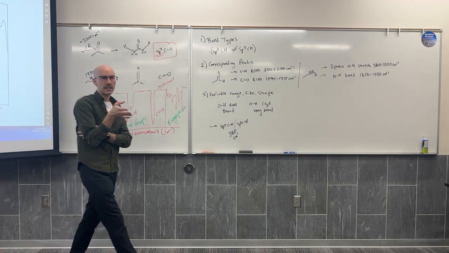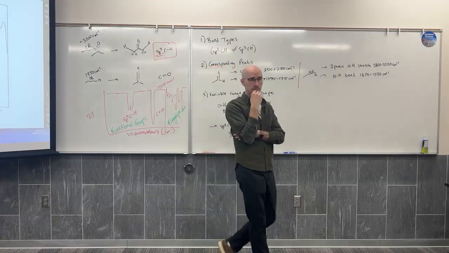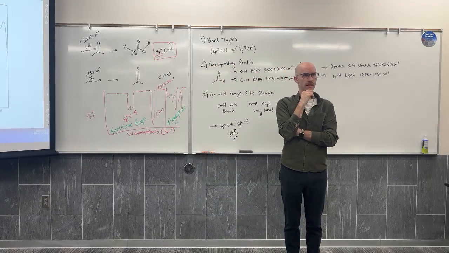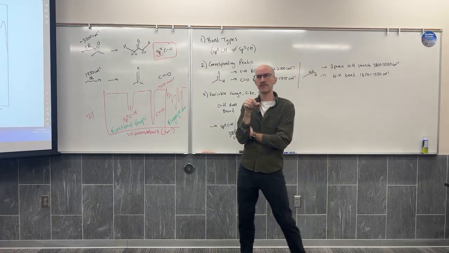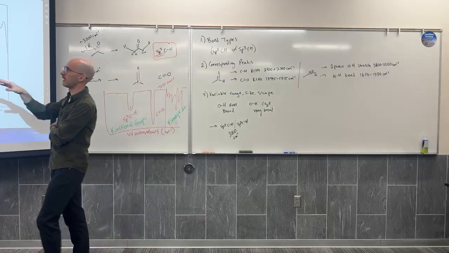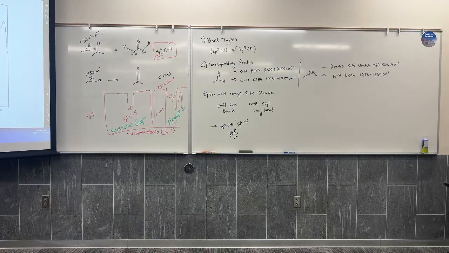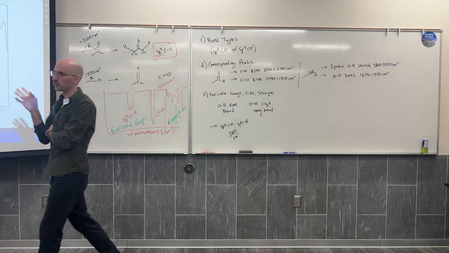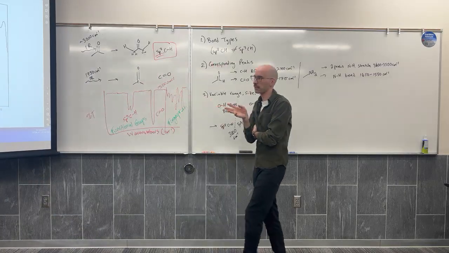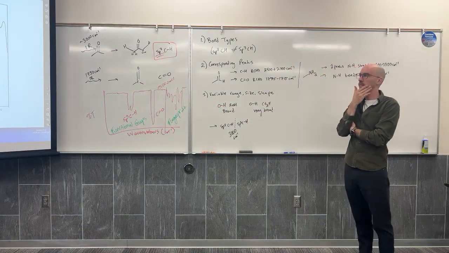So maybe an alkene, maybe an aromatic ring. Hard to say. Aromatic rings have some overtones as well, and those typically absorb here, but this is looking a little messy where these overtones show up. So overtones can be useful if they're present, and if they're not present, it doesn't rule out that there's not an aromatic ring. Okay, anything else?